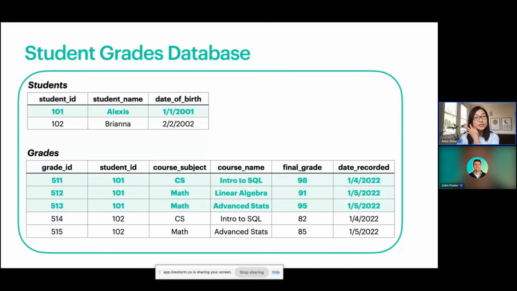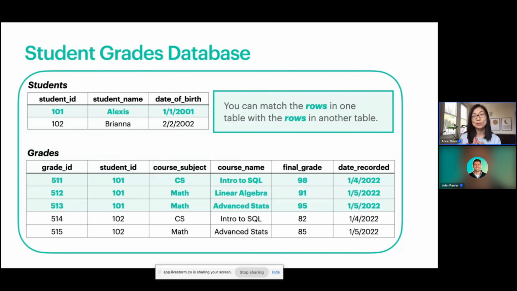And then you'll notice that these rows here are actually connected to one another, because you see Alexis has a student ID of 101, and then in the grades table, student ID 101 is associated with all these courses and grades. So the idea that I'm trying to get across here is that you can match the rows in one table with the rows in another table.